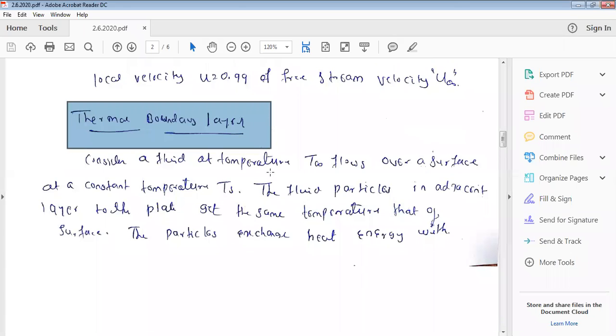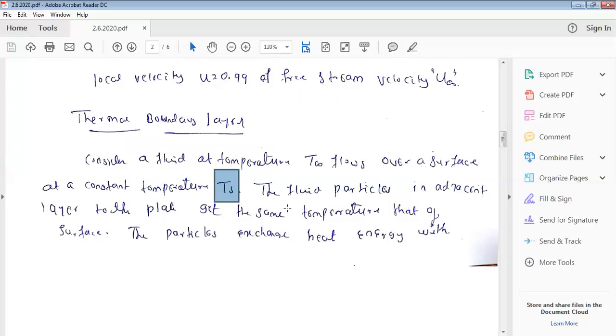Consider a fluid at a temperature T infinity flowing over a surface at a constant temperature Ts. This is the surface temperature Ts. The fluid particles in the layer adjacent to the plate get the same temperature as that of the surface.